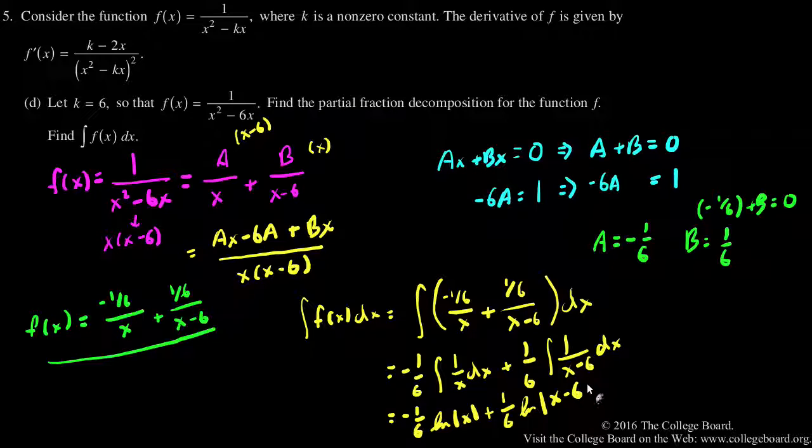And we were doing an indefinite integral, or an antiderivative, so I need to have the arbitrary constant c. So there we have it: negative 1/6 natural log of absolute value of x plus 1/6 times natural log of absolute value of x minus 6 plus c.